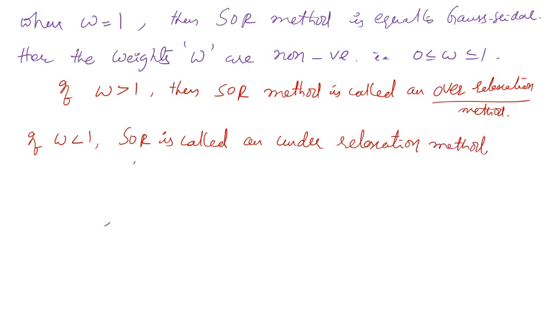This is the information: depending upon omega greater than 1 and less than 1, over relaxation method and under relaxation method. Just remember the procedure only. A problem will not be given in the SOR method because it is very big. This is your second unit completely.